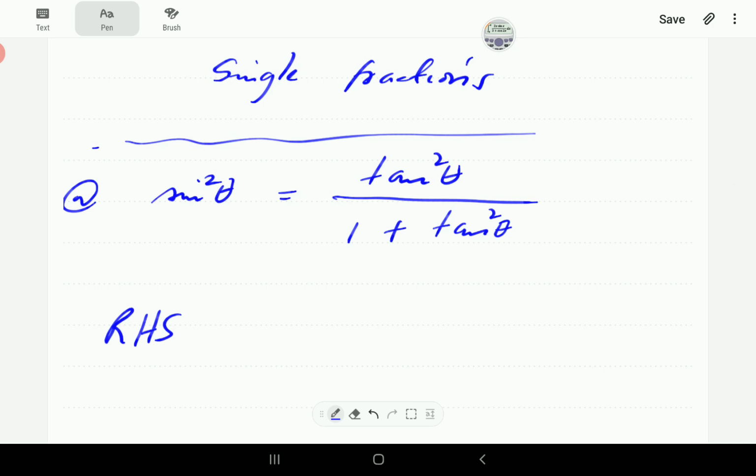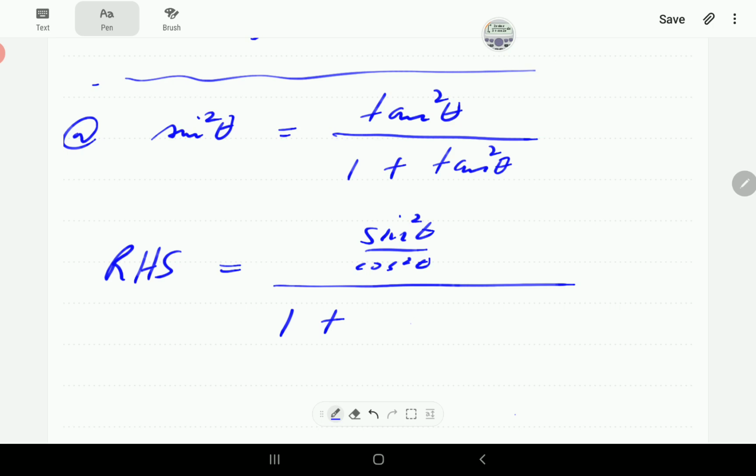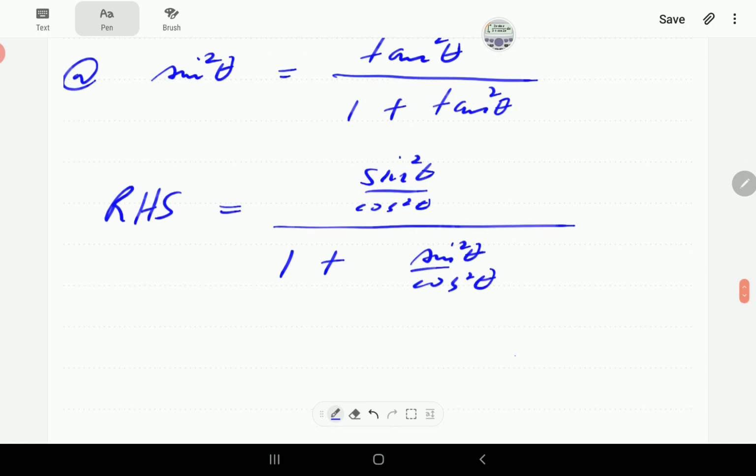So tangent theta is sine over cosine theta, so tangent squared theta is going to be sine squared theta over cosine squared theta. In the denominator, going to have 1 plus sine squared theta over cosine squared theta. Then this denominator here, going to write as one fraction.